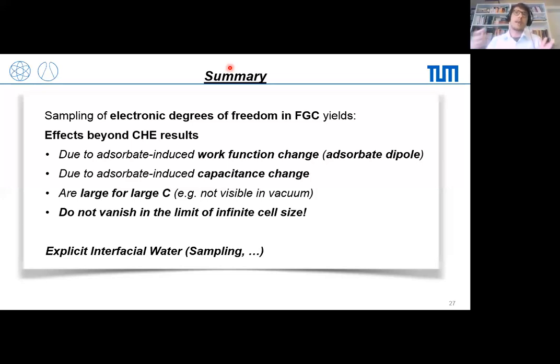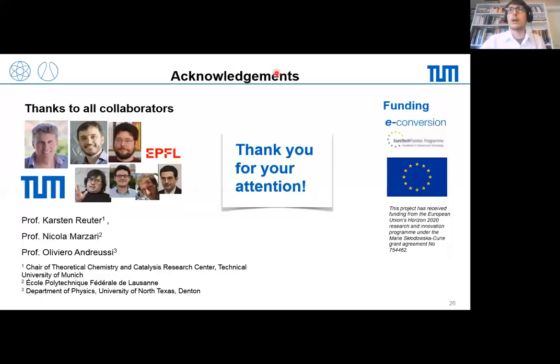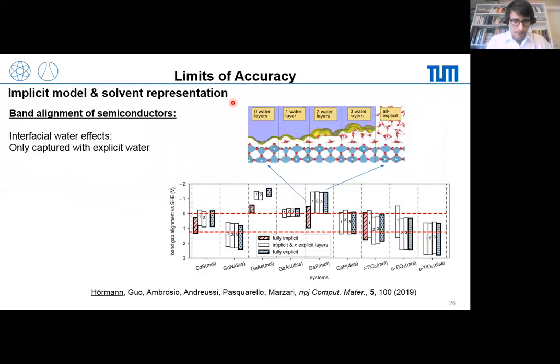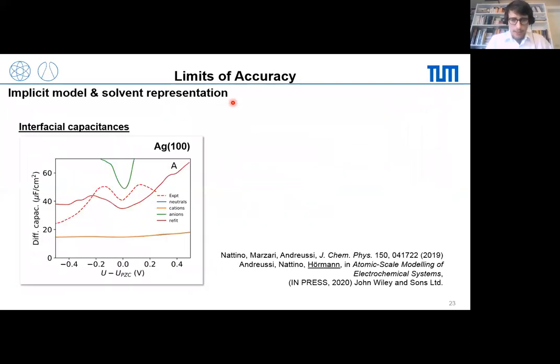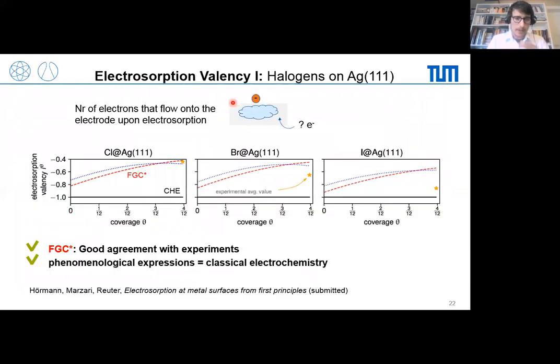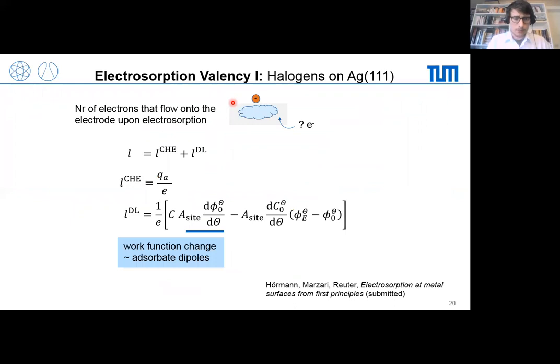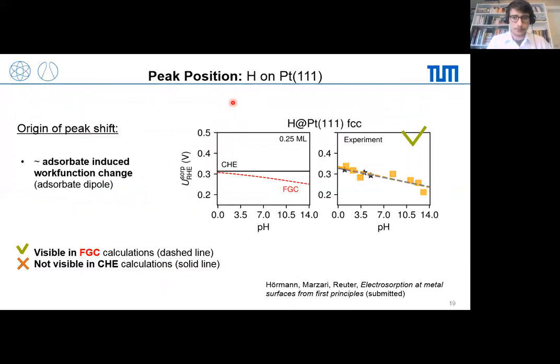I have a hard time putting together in my head how the exact values look, but ultimately the results look very similar to what I have written down in these equations. As I said, it will hopefully be published soon in this paper, Electrosorption at Metal Surfaces from First Principles. Sorry for the delay.